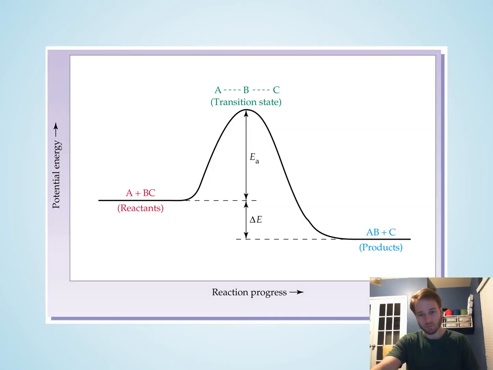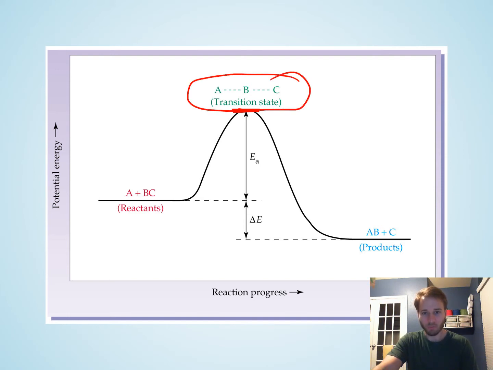Often when we give these reaction diagrams, we go from reactants to products. And what we have in this reaction diagram is some barrier for the reaction to occur. What the molecules look like at that barrier is referred to as the transition state.